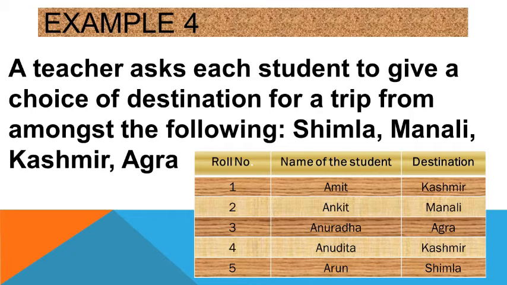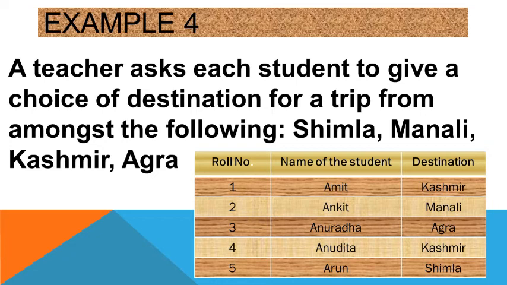Roll number 1, Amit, has opted for Kashmir. Roll number 2, Ankit, has opted for Manali. Roll number 3, Anuradha, has opted for Agra. Roll number 4, Anudita, has opted for Kashmir. And roll number 5, Arun, has opted for Shimla. Now see, the teacher has recorded the information in the form of rows and columns.